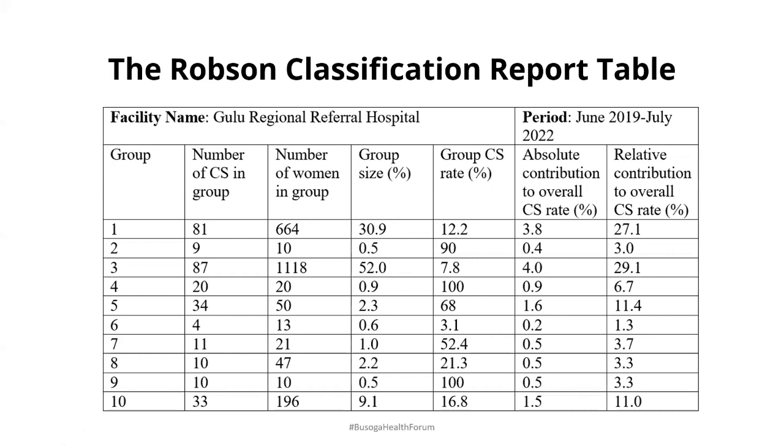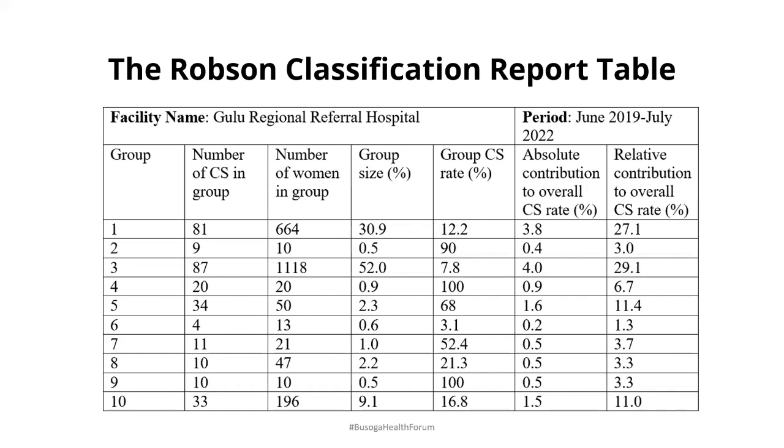If we look closely at this table, you realize that in our study, groups 1 and 3 comprise the biggest proportion of the obstetric population. These are low-risk groups. Group 1 are those nulliparous, at term, cephalic presentation, spontaneous labor.